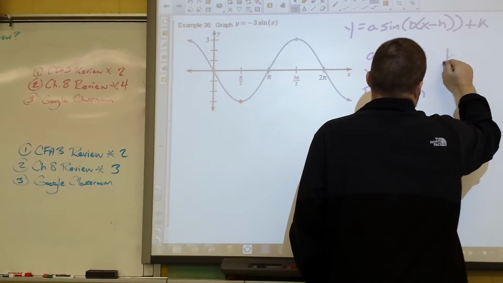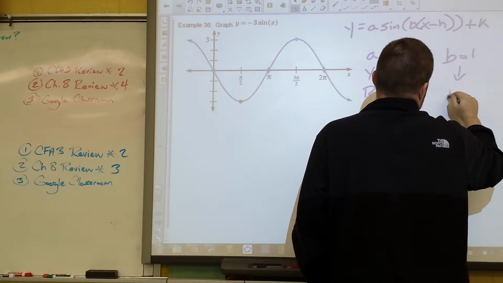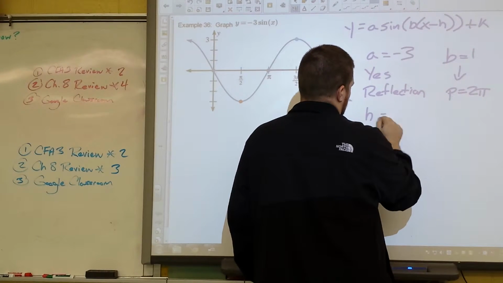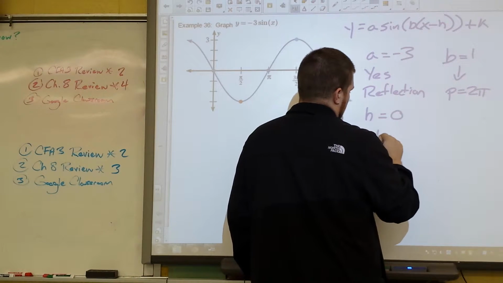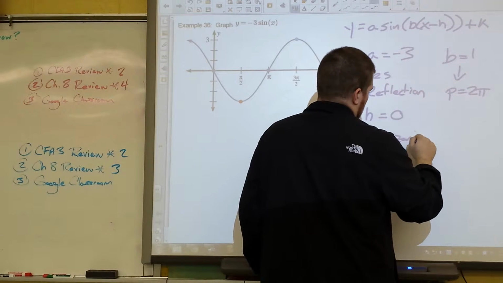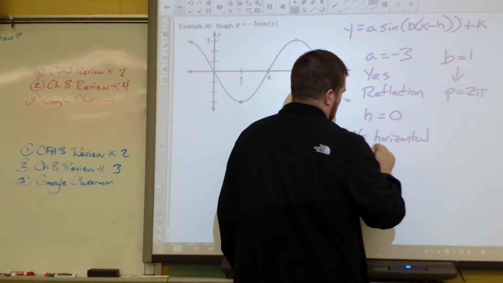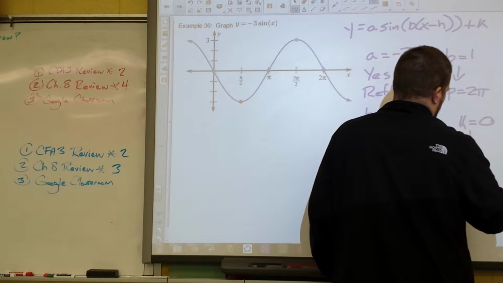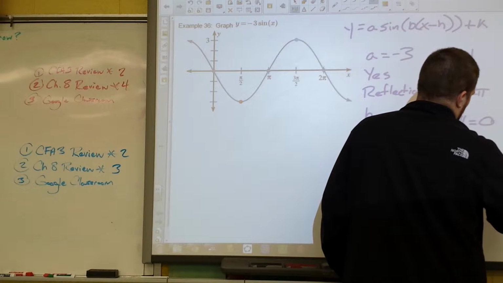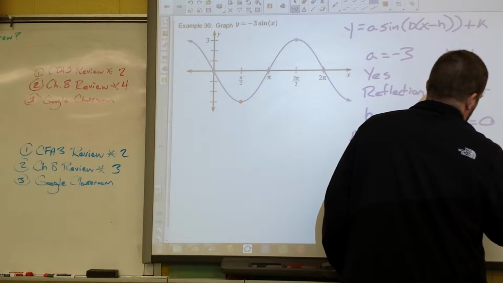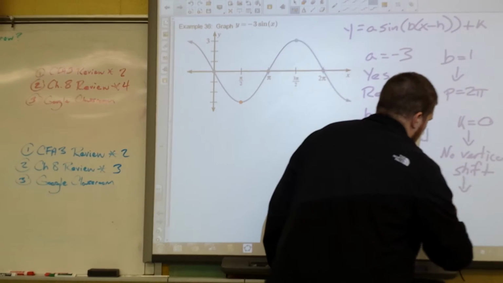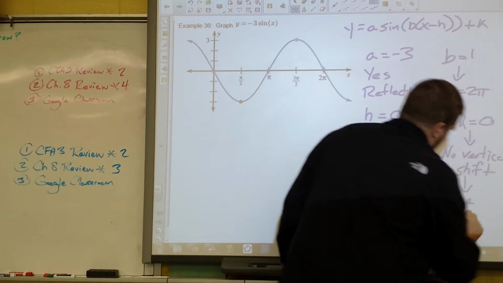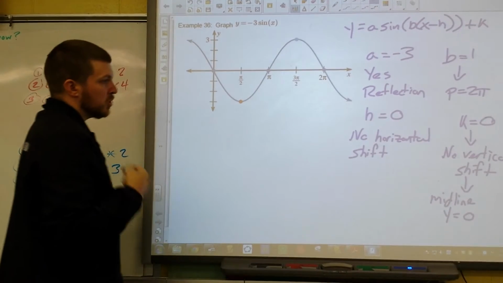B is 1, which is going to just mean the period stays the same at 2 pi. H is 0, so no horizontal shift. And k equals 0 means no vertical shift. Also, we know the midline of the wave is at y equals 0 now, okay? Because the midline follows the vertical shift.